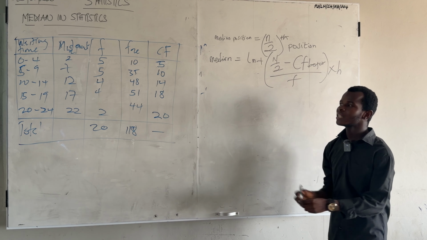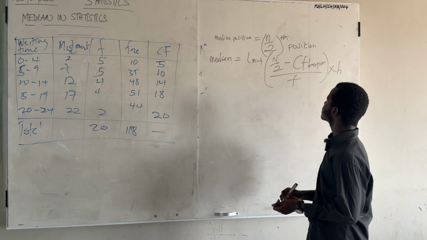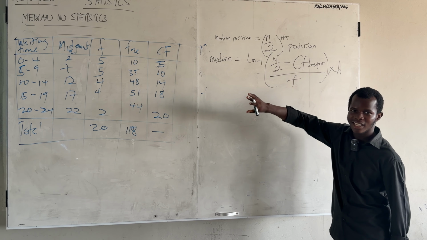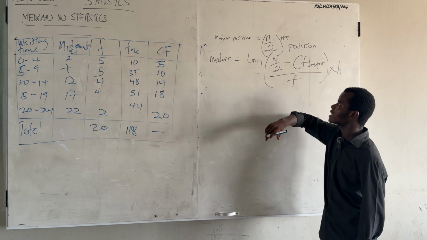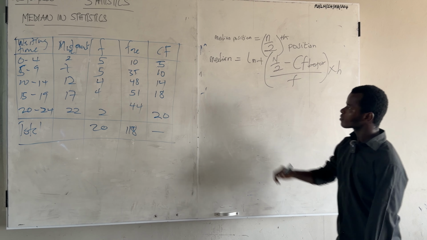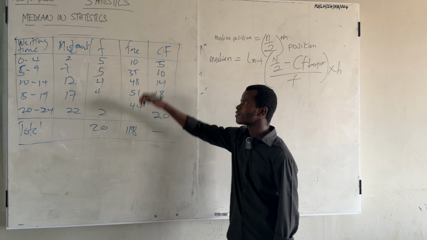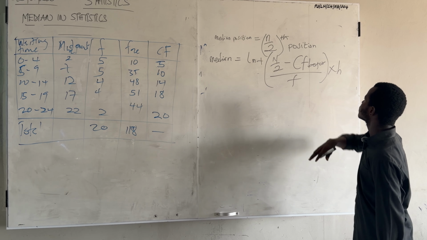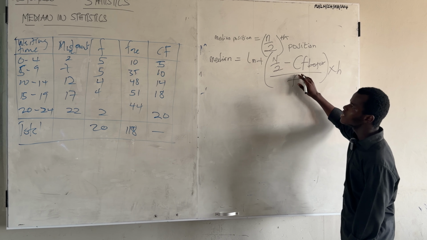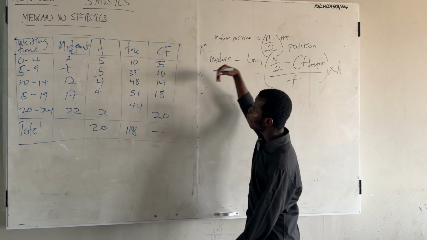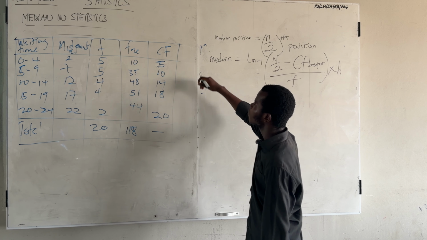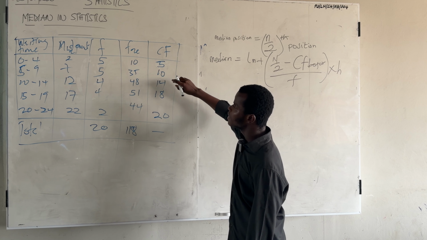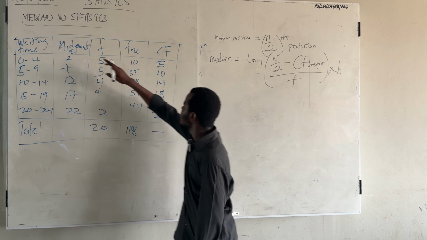From the formula, you can see that Lm is the lower class boundary of the median class, and n is the summation of the frequency, which is 20, and Cf before is the cumulative frequency before the median class. So from the table, the cumulative frequency before the median class, which is 5 to 9, is 5.